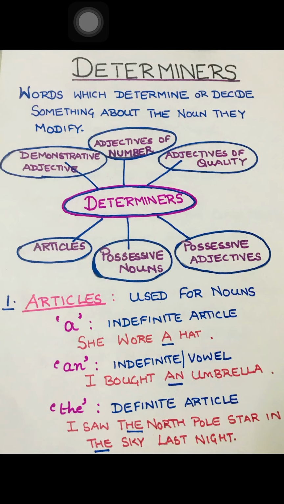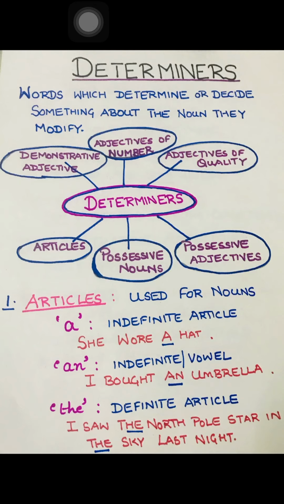Now, the first article which I am going to take up is A. Let's read a sentence. She wore a hat. Now, this sentence is giving us a general idea about a hat that was worn by a lady. So, we can see that a over here is your article and hat is your noun.